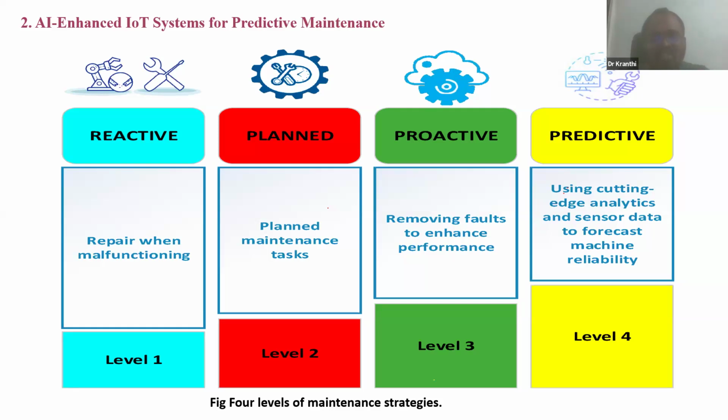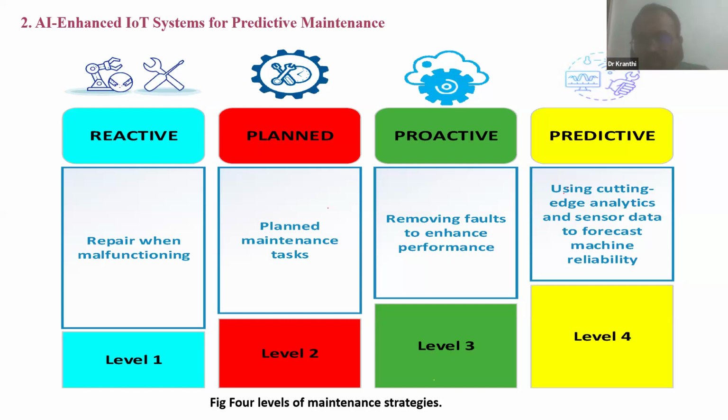And the final one is predictive maintenance. It is more advanced than this one. This is the best stage, where we use cutting-edge analytics. Analytics means that when we have a set of IoT combinations generating results, based on the results we conclude, and based on the conclusions we take decisions.